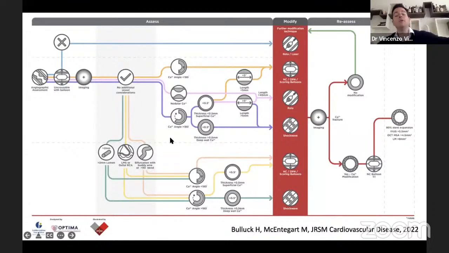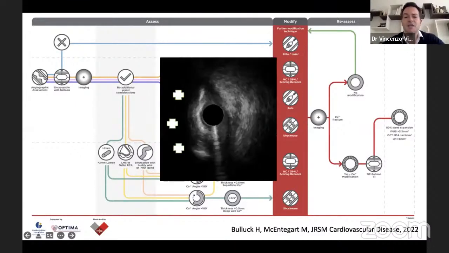I know that with IVUS, in comparison with OCT, we cannot well tell the thickness of the calcium, but there are data suggesting that if there is no reverberation and there is acoustic shadow behind, this correlates well with the OCT finding of thickness of more than 1 millimeter.